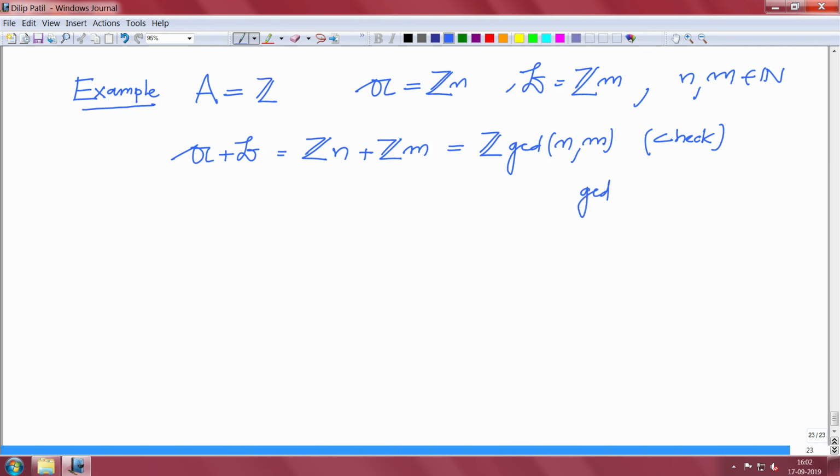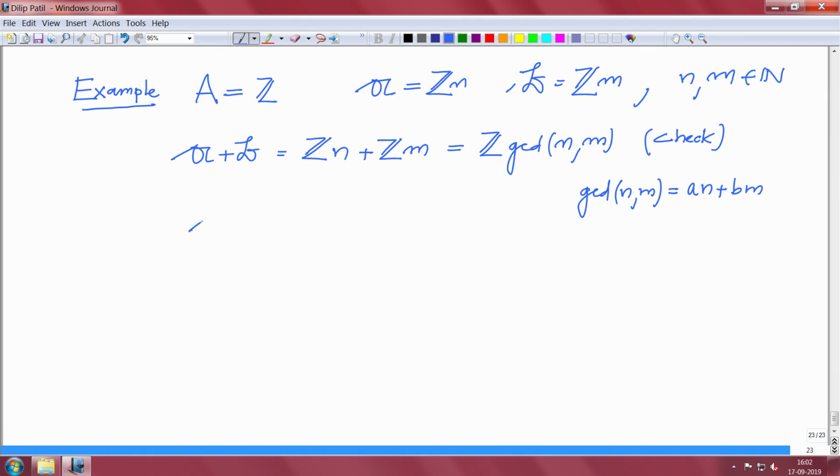The GCD of n and m is a Z-linear combination of n and m, that is a times n plus b times m. So when you multiply this and so on, please check this. But this is very special, true in the case of Z. It is not true in an arbitrary ring, because this GCD does not make sense in arbitrary rings.